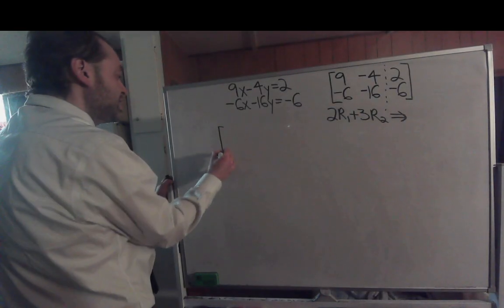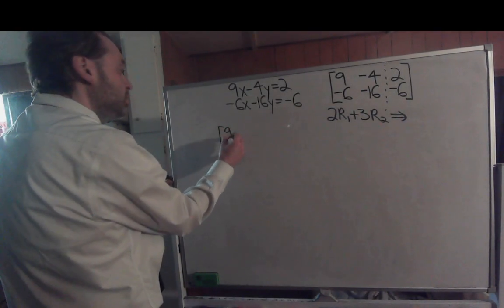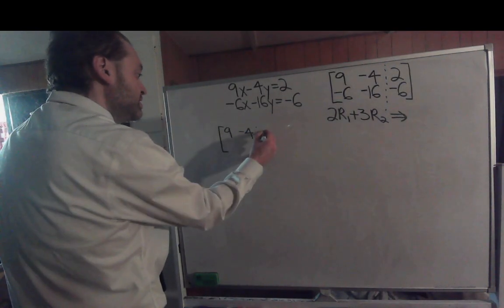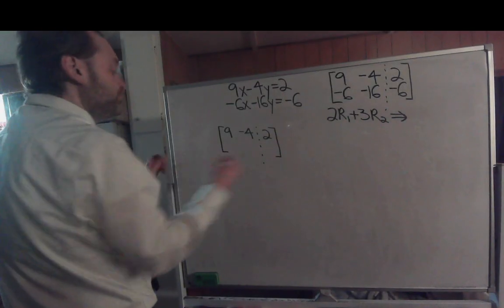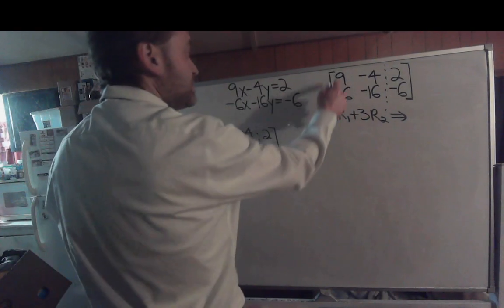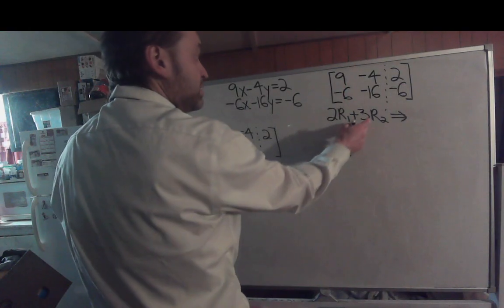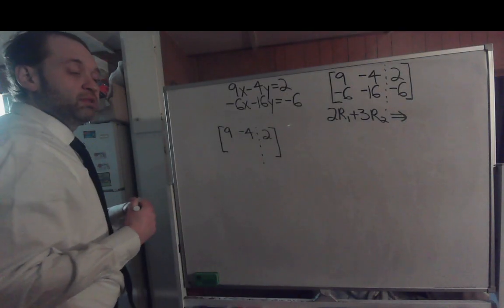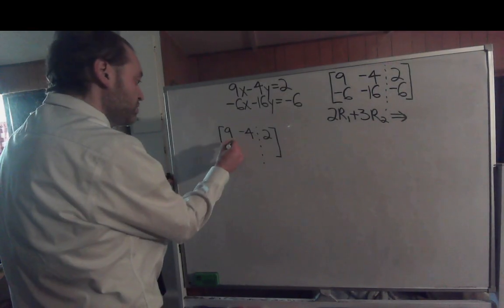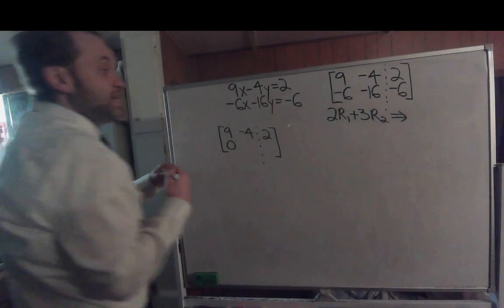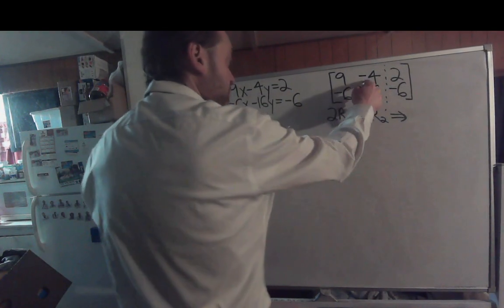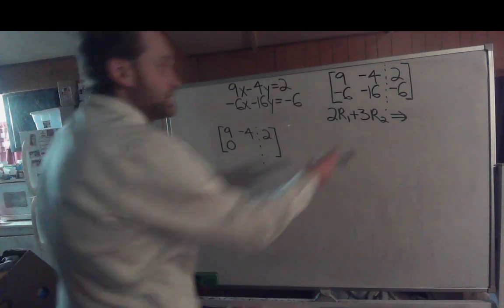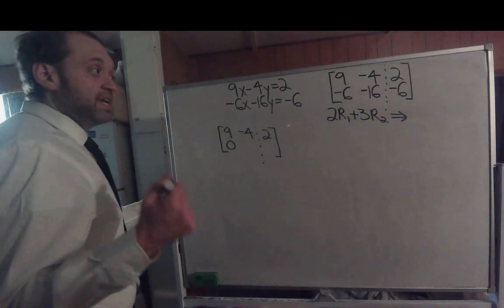For the time being, leave your top row alone: 9, negative 4, and 2. Now, take 2 times that 9. That's 18, plus 3 times negative 6, that's negative 18. 18 plus negative 18 is 0. Then take 2 times negative 4, that turns into negative 8, plus 3 times negative 16, that's negative 48.